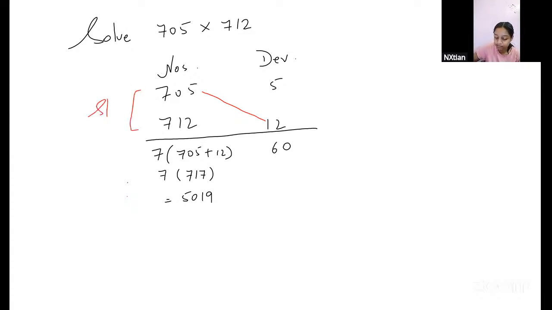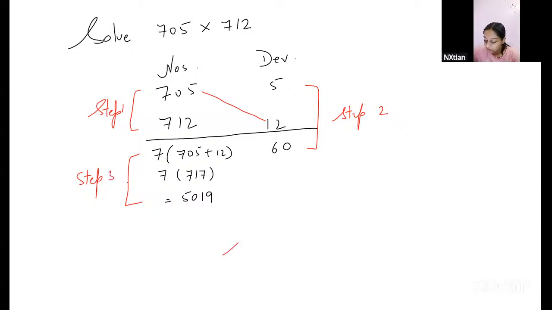So step 1, then adding is step 2. Oh, sorry, multiplying is step 2. Then this addition and multiplication, step 3. And last step, we put them together.